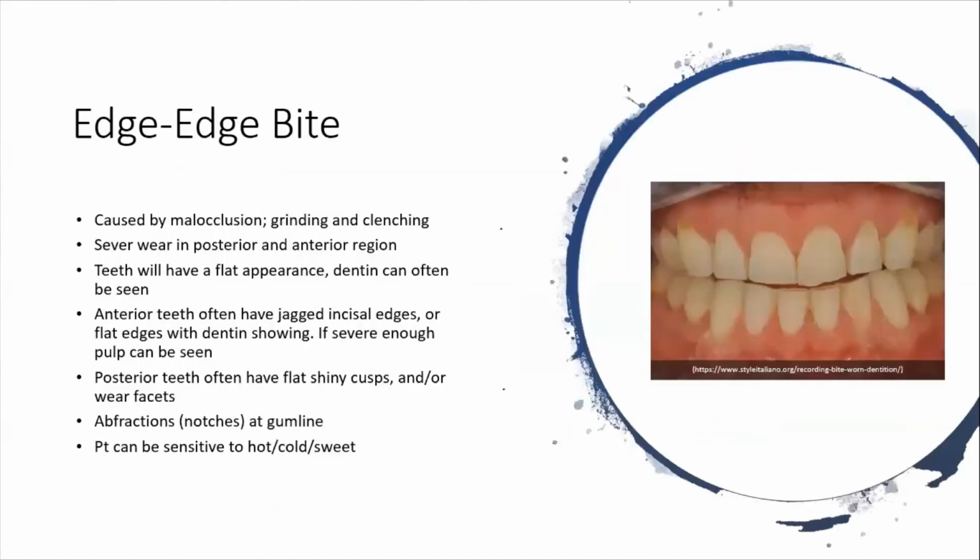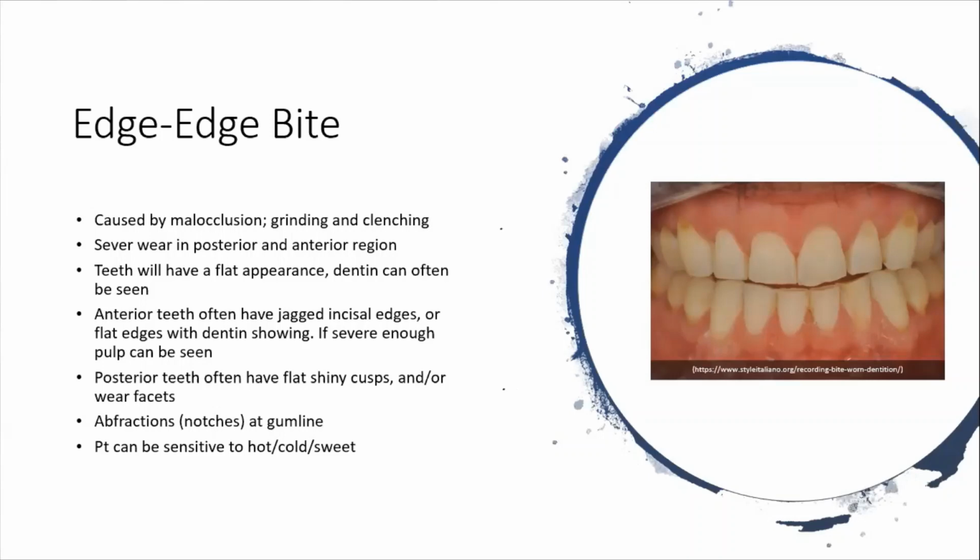So an edge-to-edge bite is another common malocclusion term. And this is mostly caused by grinding and clenching forces. In an edge-to-edge bite, you see severe wear on the occlusal and incisal edge surfaces throughout the mouth.